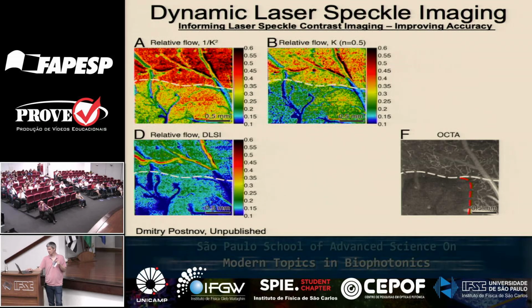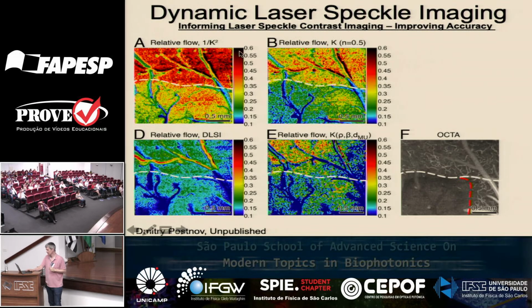The other problem is they simplified and said that 1 over k squared is the change in blood flow, but that's not true. It's much more complicated. You actually need to measure tau c, that time scale of the decorrelation. So if you use all of the information and use the proper model with laser speckle contrast imaging, you can get a better approximation of the change in blood flow.